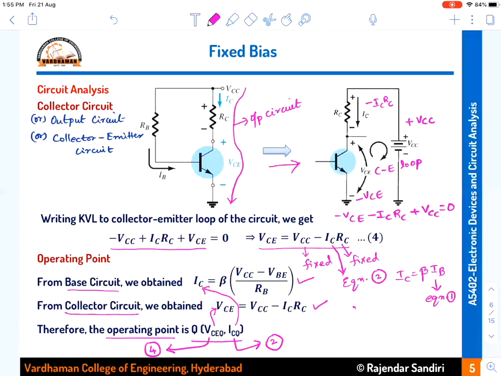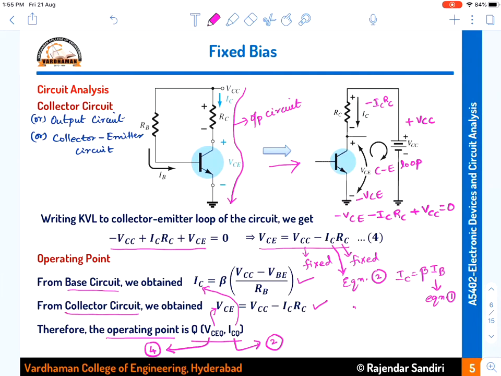Then by taking the output circuit, the collector emitter circuit, I wrote the KVL to the output circuit. Then I got VCEQ, which is the x-intercept of your operating point. So from the circuit analysis, by writing KVL to the base emitter loop and to the collector emitter loop, we got the two values of IC and VCE, which are the operating point intercepts Q, VCEQ comma ICQ.